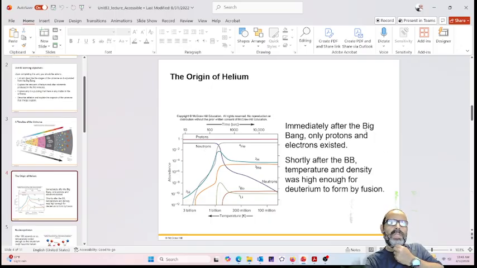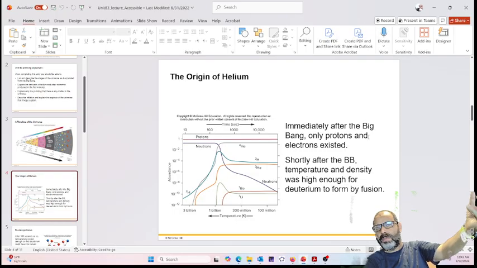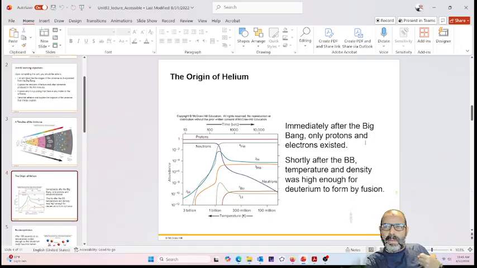So immediately after the Big Bang, of course, the temperature was too high even for the protons to form, because the protons are not elementary particles, they're made up of quarks. But as the temperature cooled down, quarks cannot exist by themselves, at least at low temperatures. At that point, three quarks came together to form protons, and of course the electrons are elementary particles as they are by themselves.